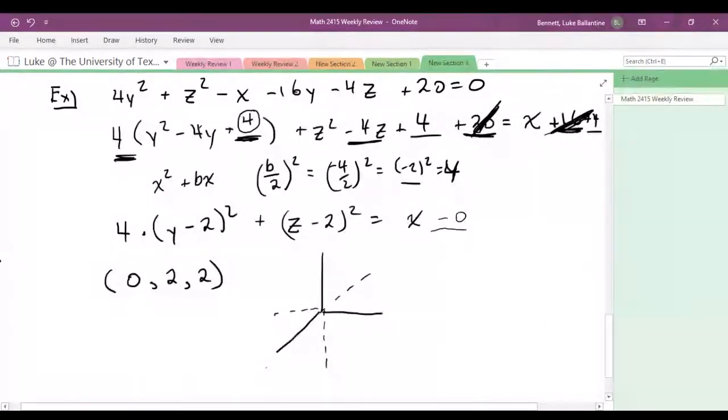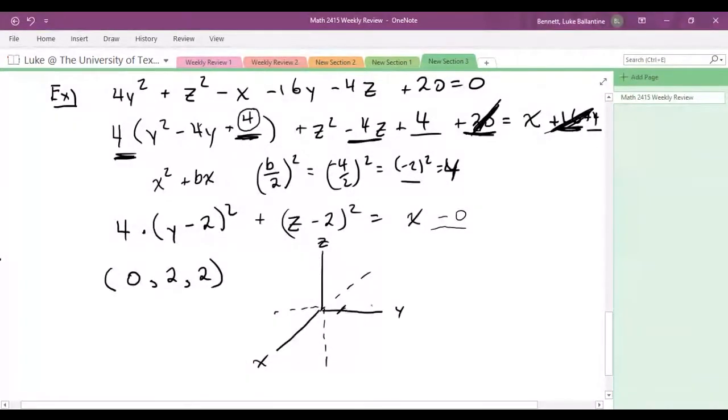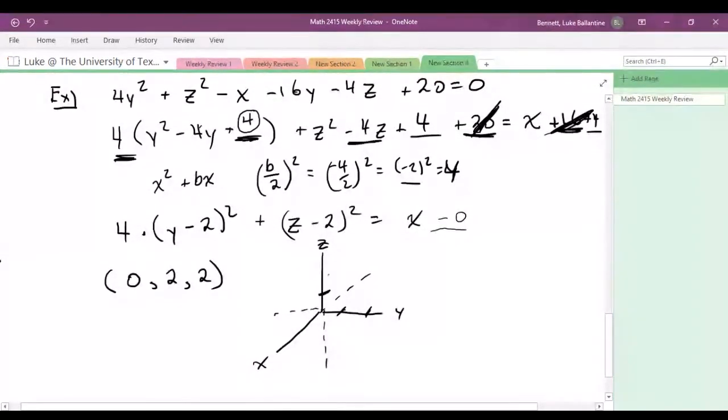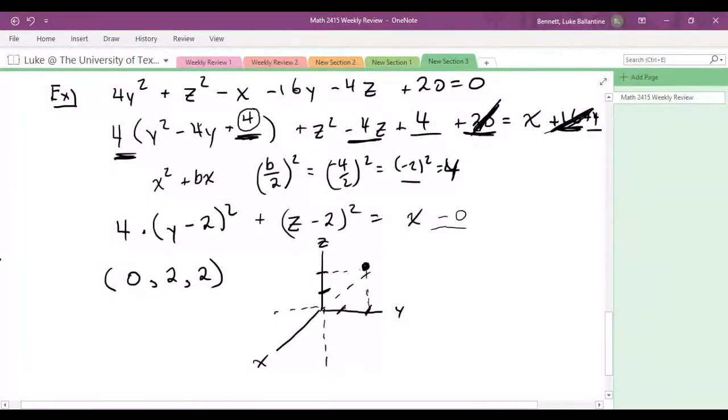This is the x-axis, y-axis, z-axis. So we got 1, 2, 1, 2. So the tip of my paraboloid is right here.